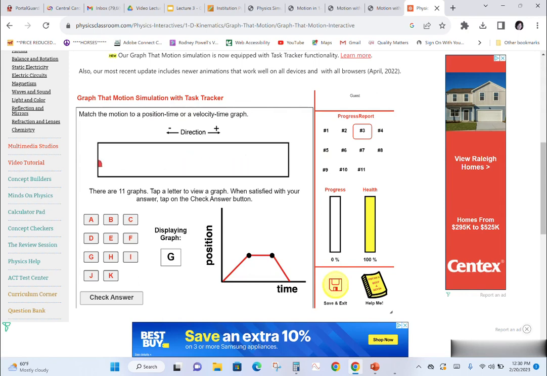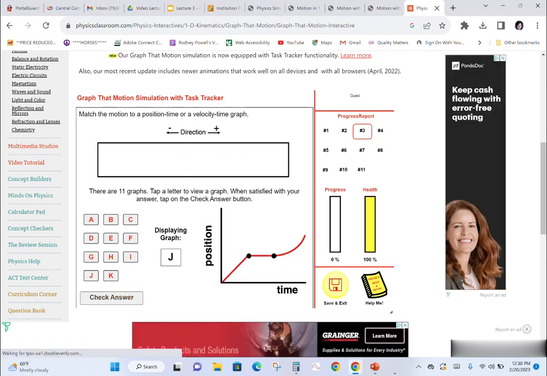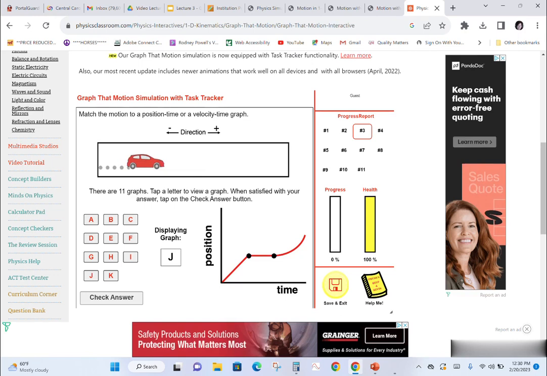This shows constant speed. And then we would want it to stop for a while. And then we would want it to speed up in the positive direction. So it would need to be a parabola of some sort. So let's see. Oh, there it is. Constant speed, stops, accelerates upward to the right.